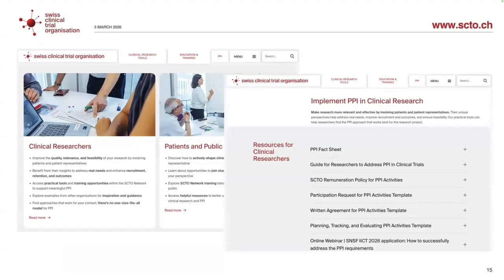Sorry. This infographic is just one of the different resources that the SCTO has developed over time. Everything that has been developed is currently available on our website. So you have resources that are really for clinical researchers, but we also have some resources for the PPI contributors that can be useful for you to share with your contributors.